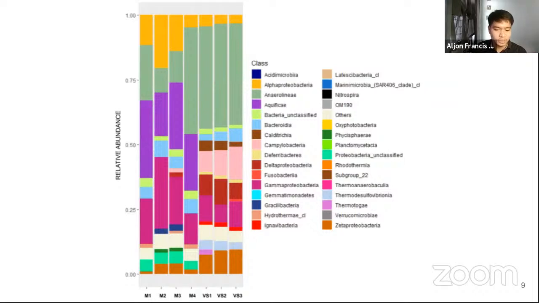So unique settings lead to unique biology, and here of the extreme type. We found a lot of Aquificae in our 4 mat samples. These 4 columns denoted as M1 to M4, and these Aquificae are bacteria often described in terrestrial hot springs. And there's also a lot of thermophiles in our vent samples, including those from the vent sediments.